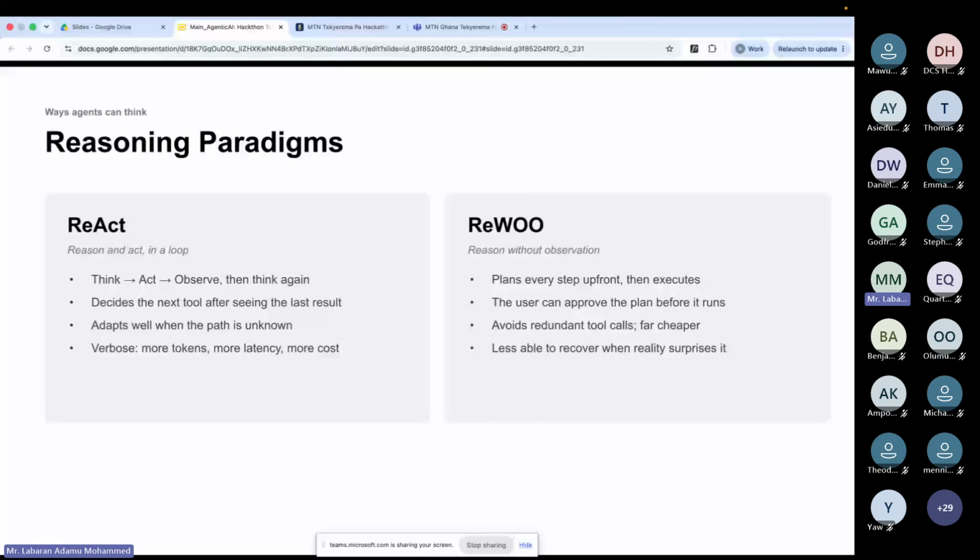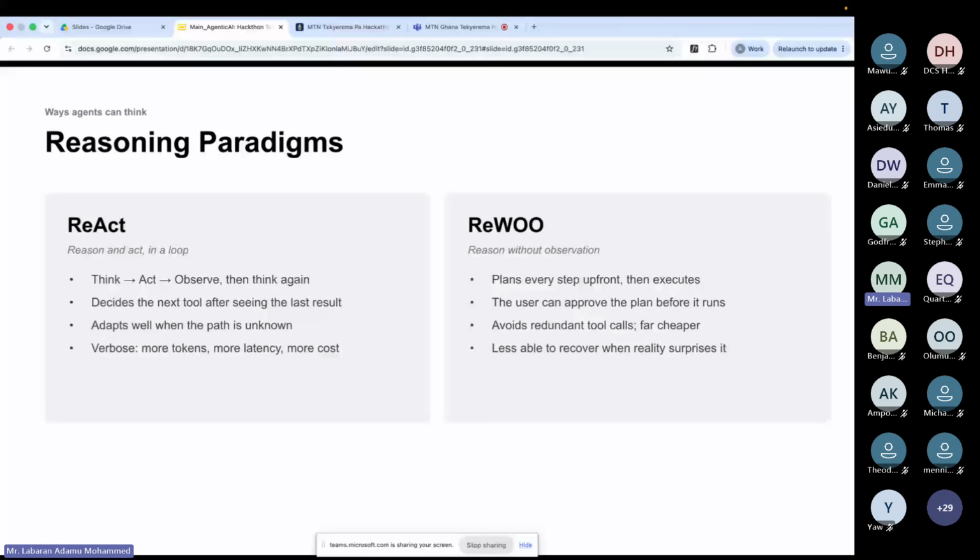There are situations where your agent thinks, acts, observes, then thinks again. We normally call this ReAct, reason and act in a loop. In this case, your agent decides the next tool after seeing the last result. This can help with our brother's project, where the agent calls a tool to get the weather reports.